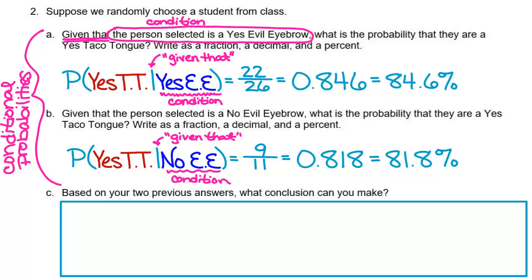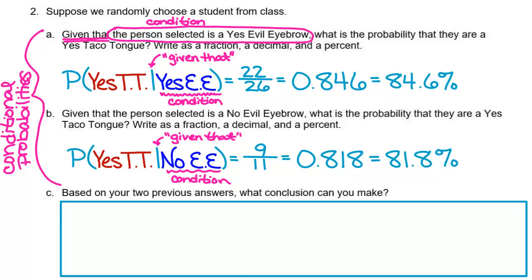So it'll say something like, if this, then what's the probability of this other thing? Or what's the probability of X if Y? That would be another situation where it was a given that. So sometimes they'll use the word if, sometimes they'll use given that. The idea is that you already know about that event. It is no longer a probability, it's no longer up in the air, because we know about it.